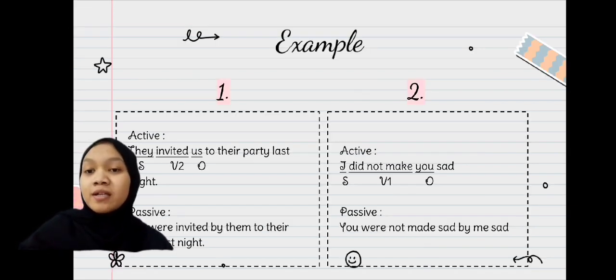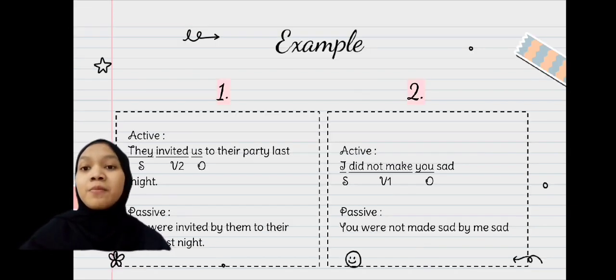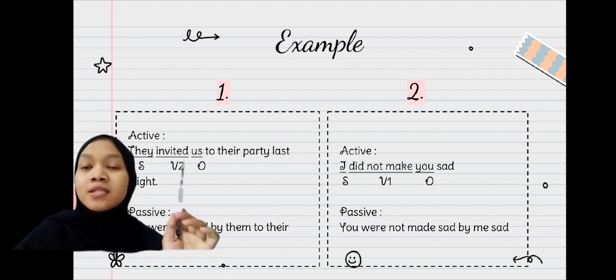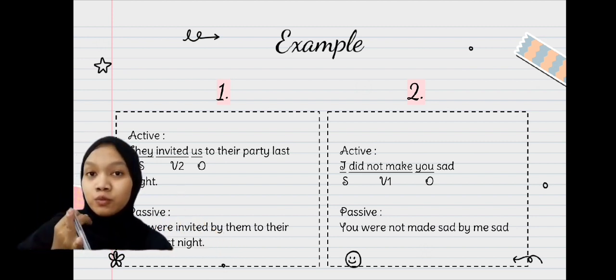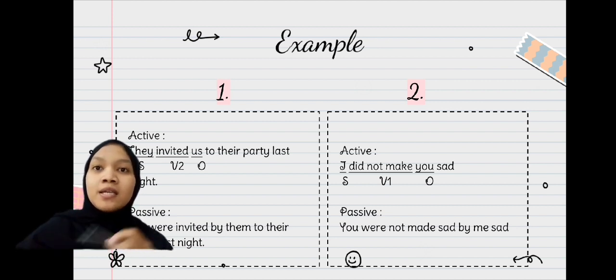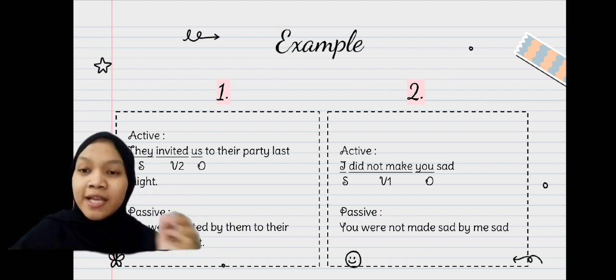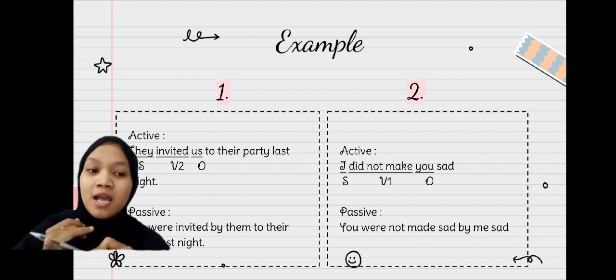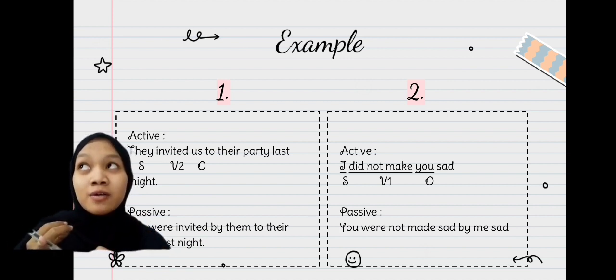We have to make a sentence first. Example number one: They in Phoenix asked today party last night. From this sentence, we have to define the subject, verb 2, and object. From the words made before, they in Phoenix asked today party last night, they is the subject, asked is verb 2, and today party is the object.